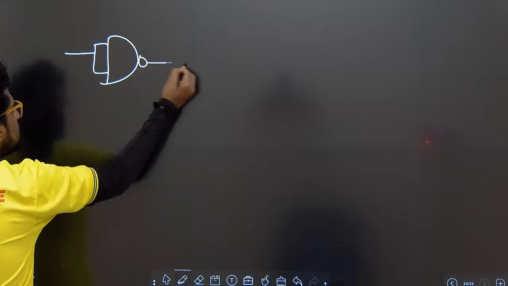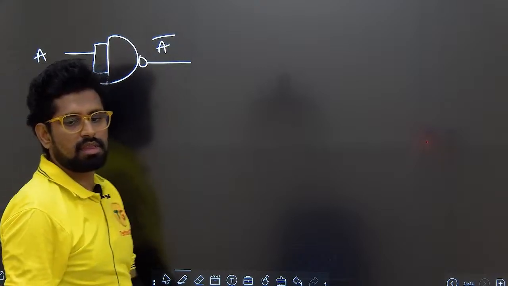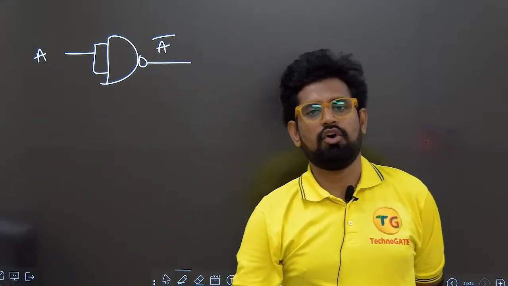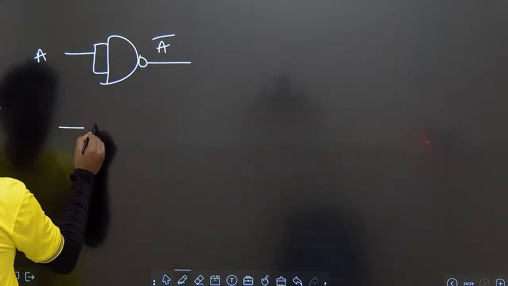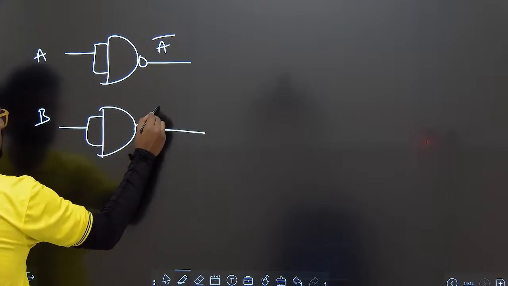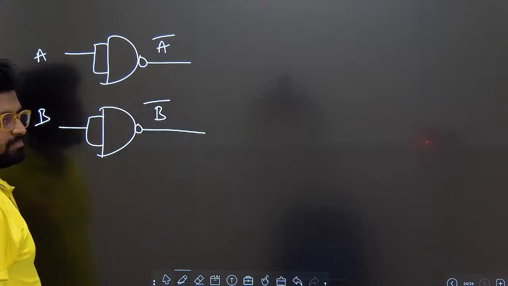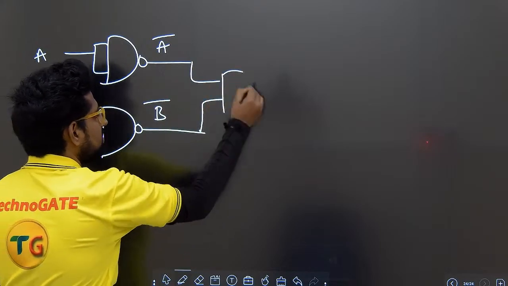If A is the input, the output is A bar. In a similar way, if B is the input, the output is B bar. Now I am attaching these to the output here.